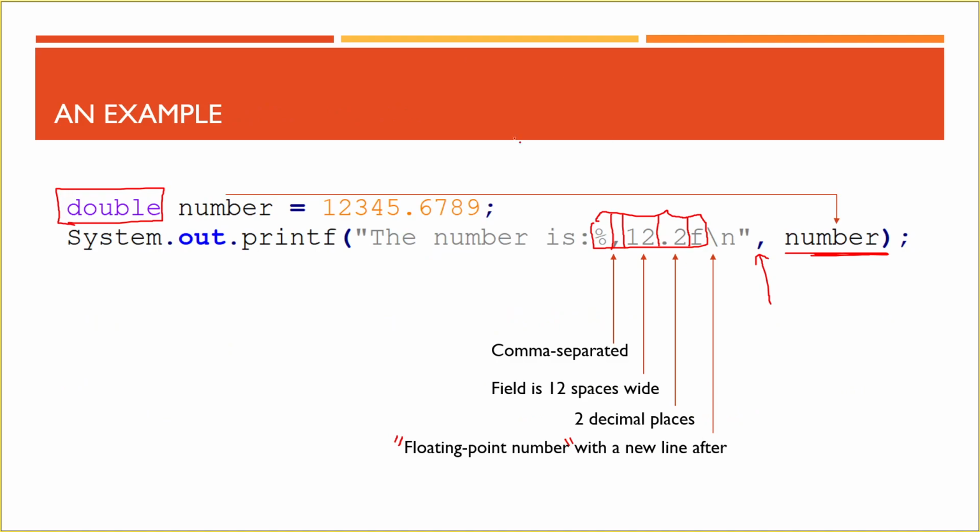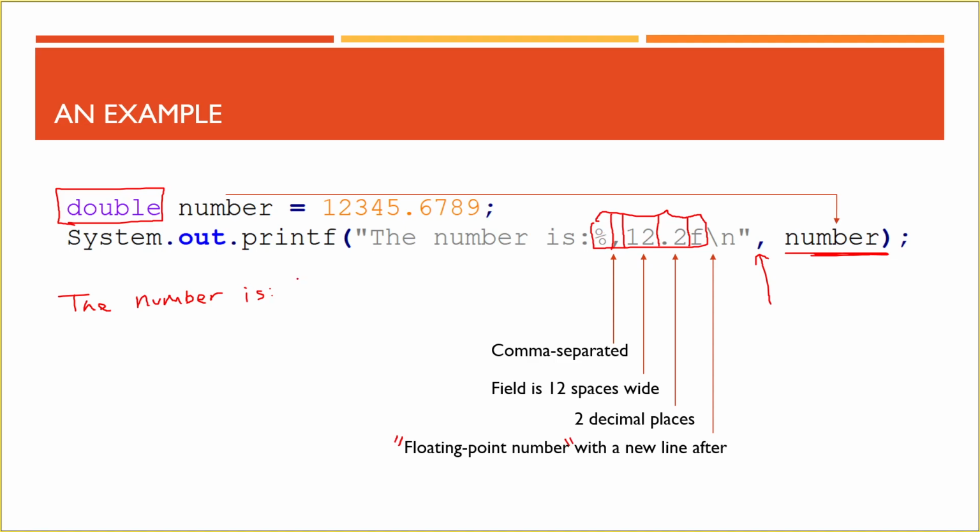And what that will look like when it's displayed is it would say, the number is, I'm going to try to write this out. The number is, with a colon, and then we're going to have our decimal here be formatted.